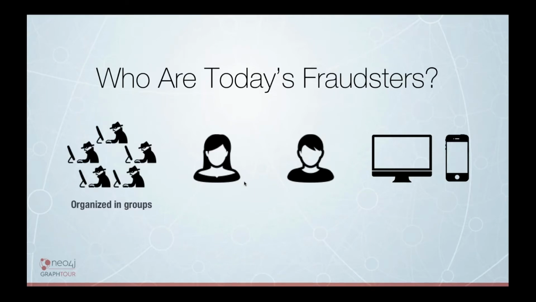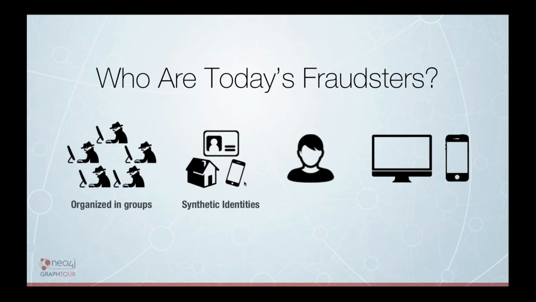Instead of an individual, fraudsters are typically organized in groups, also called fraud rings. Instead of using their own identities, they manufacture identities, also called synthetic identities, and they also perpetuate fraud using stolen identities and hijacked devices.